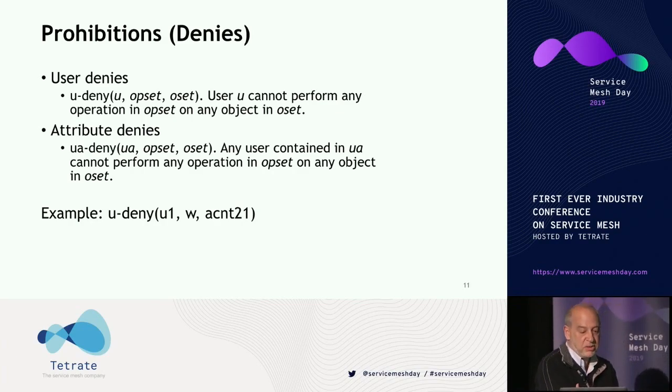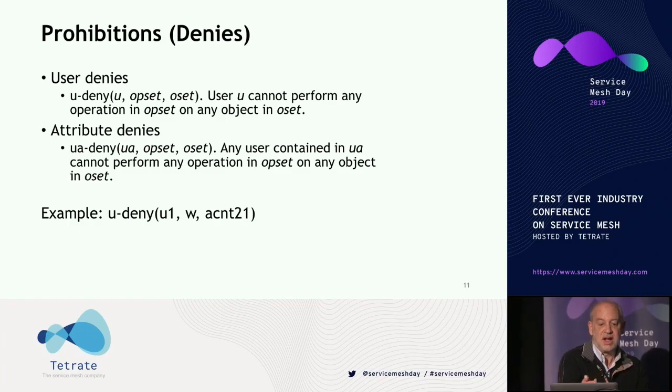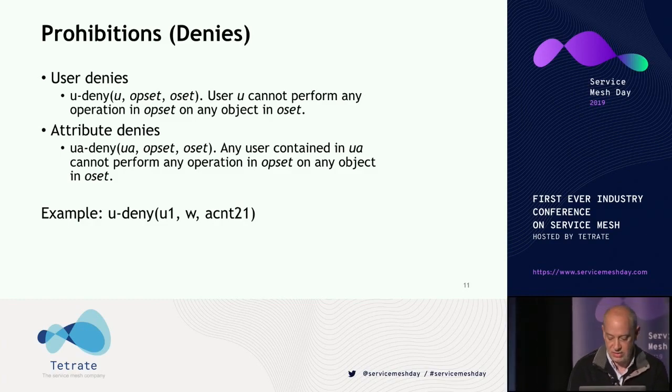The example here would be that account 2-1 is user 1's account, and they're a teller. So even though a teller has general access to read and write accounts, the teller is prohibited from being able to write to their own account.